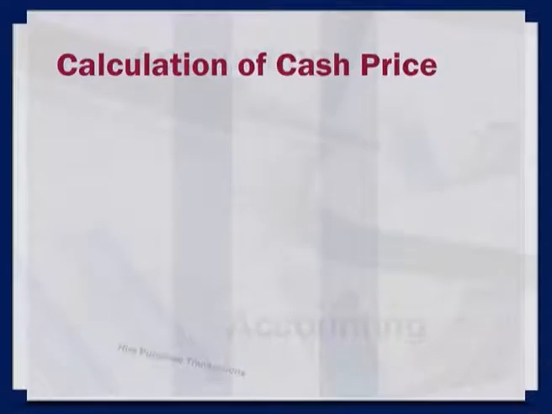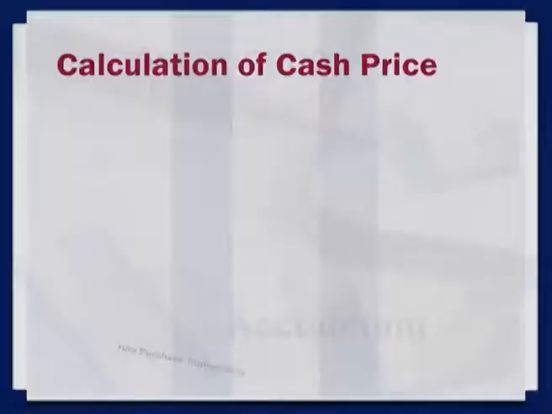So, after knowing the calculation of interest, let us talk about the cash price. Since the hire purchase transaction system basically depends on two things, cash price and interest, after knowing interest, let us talk about the inevitable part of cash price, where the asset account should not be debited with more than the cash price of the asset.